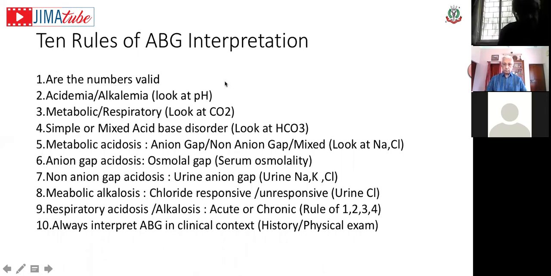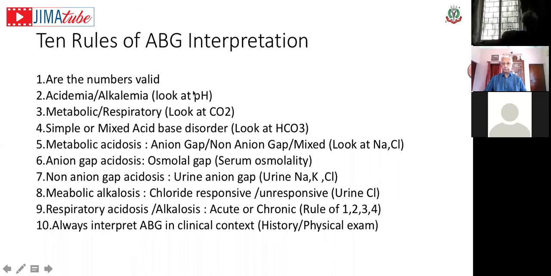Second, look at pH only and see whether it is acidemia or alkalemia. Because there can be a mixed disorder, but the primary disorder is established by the direction of pH. So look at pH and decide whether it is acidemia or alkalemia. Then look at CO2 to see whether it is metabolic or respiratory acidosis or alkalosis.